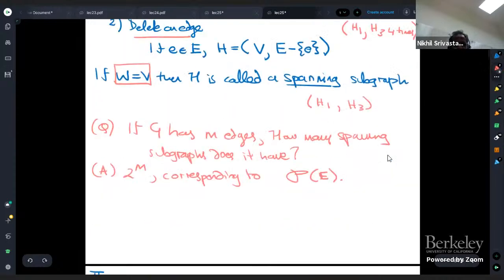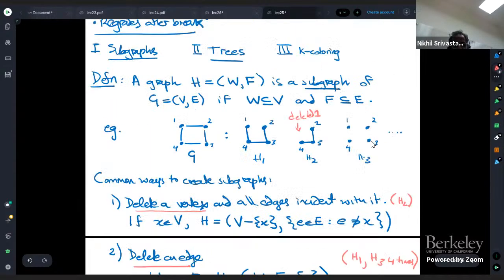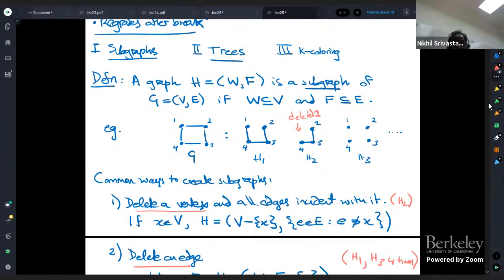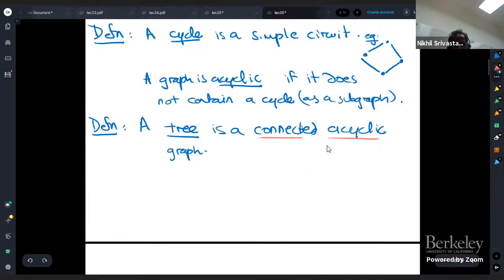So going back to the graphs above, which of these are trees? H1 and H2, because they're connected and they don't have a cycle. Okay, so H1 and H2 above are trees.